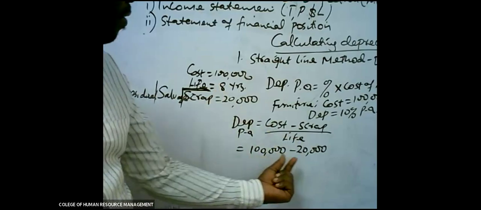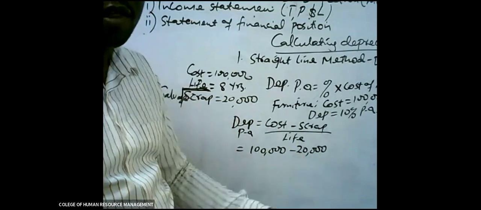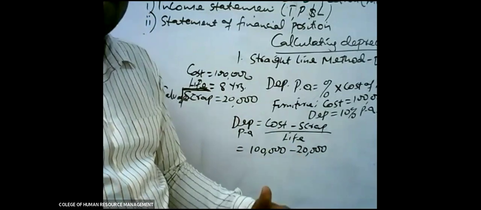If we subtract these two figures, we get how much it lost. We started with a value of 100,000 and ended up with a value of 20,000. The difference between the two is the value lost to depreciation, and we divide that by the number of years, so that every year takes an equal portion.